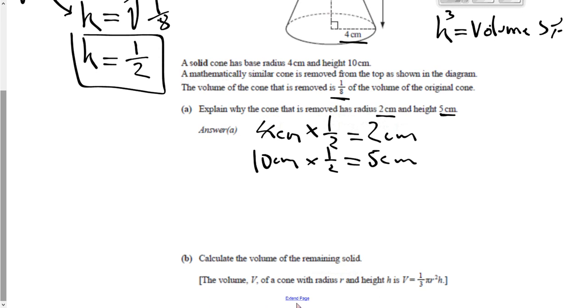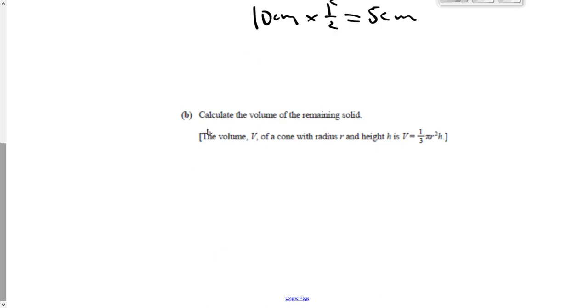The second part of the question says calculate the volume of the remaining solid. For this we need to know the volume of a cone, and fantastically we've been given it.